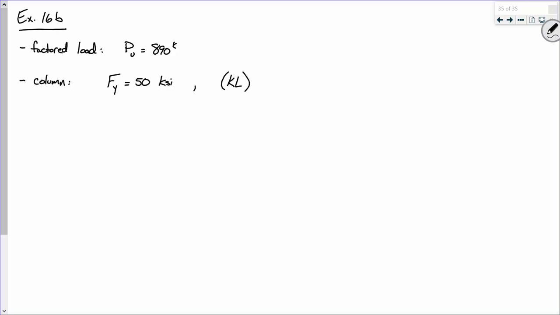What is KL in the x direction going to be? Can y'all do some work? 20. Or if we want to be diligent, we can say, okay, 1 times 20, just to indicate that we're recognizing that K is 1.